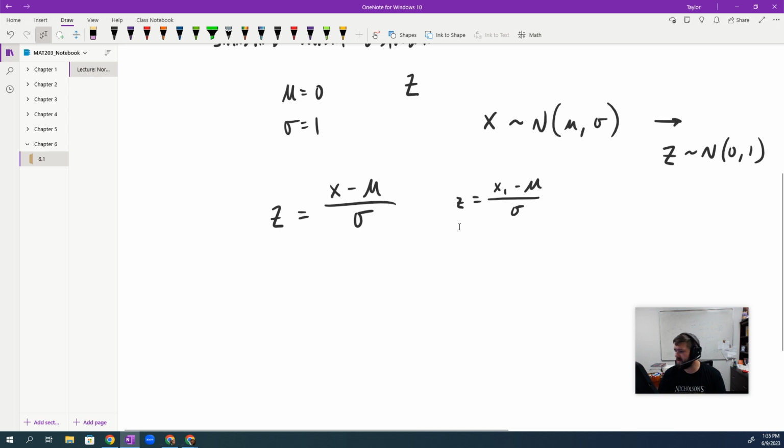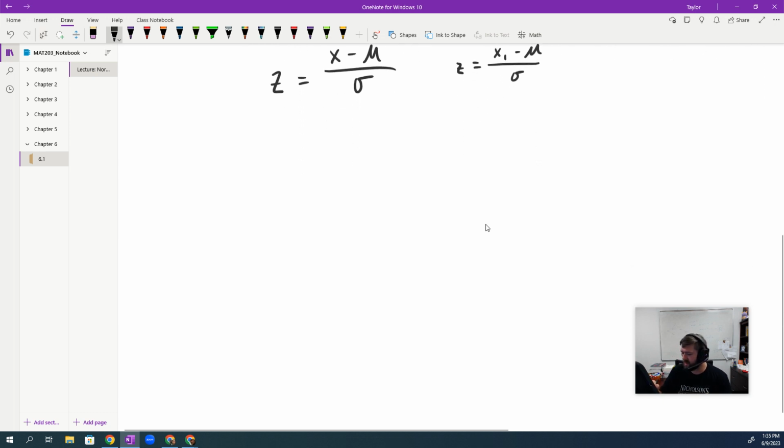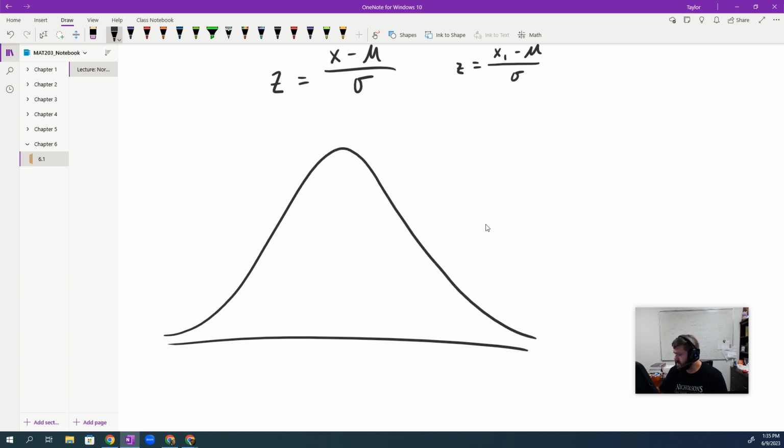Okay. One more thing about the normal distribution. It's called the empirical rule. So if we have our mu here, remember the inflection point is plus 1 sigma, minus 1 sigma. So plus 1, minus 1 standard deviation. 68% of all of the observations will be between minus 1 sigma and plus 1 sigma.